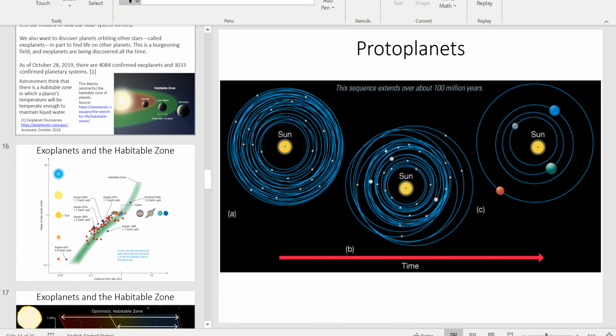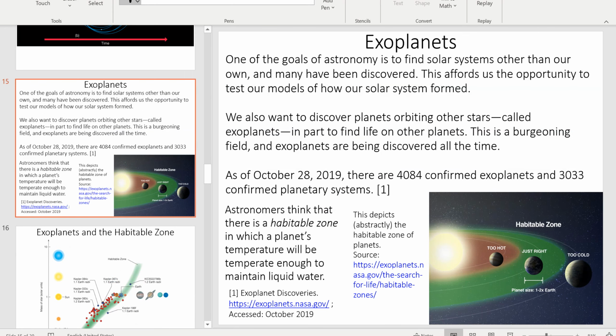Let's talk about other planetary systems other than ours. Planets that orbit stars other than our sun are referred to as exoplanets. I showed you a picture of a real protoplanetary system earlier. We also know of many solar systems that have already formed.